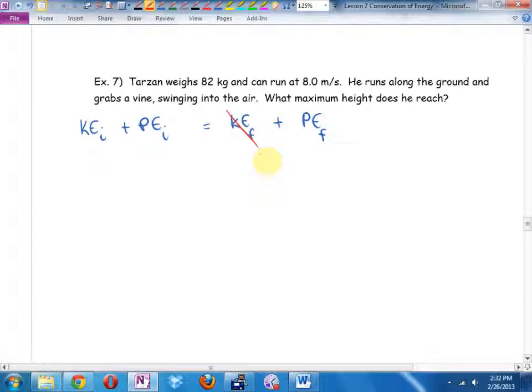Or if you wanted to figure out how high he climbed compared to his center of mass, from his belly button, the distance is going to be the same no matter what we use as a reference, as long as we're consistent. So even though technically you could say he's not on the ground, I'll let 0 be the bottom of the rope. Half m v initial squared equals m g h final.